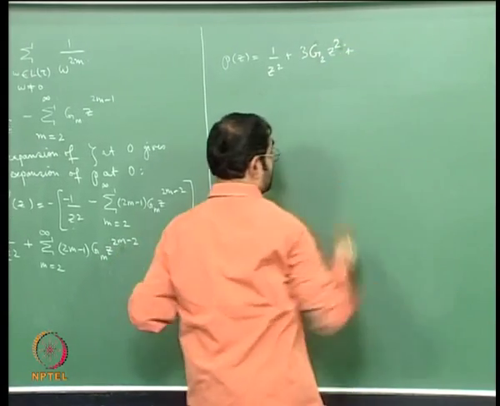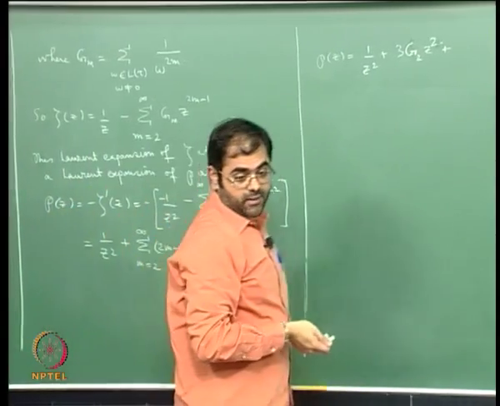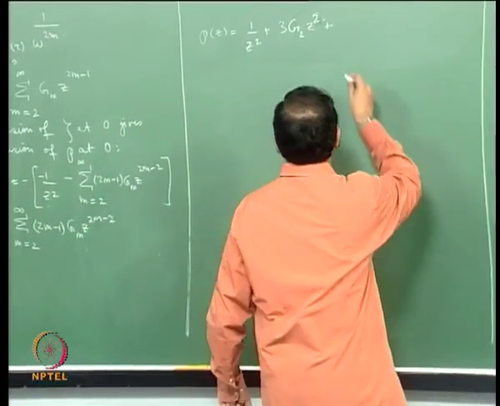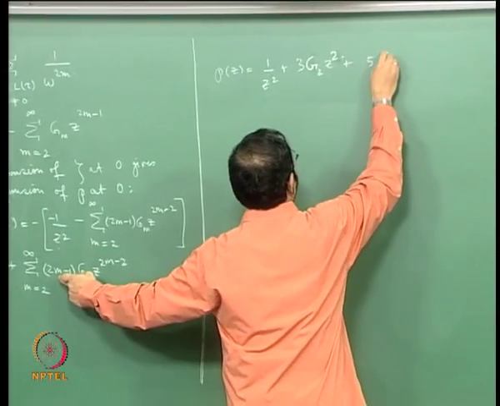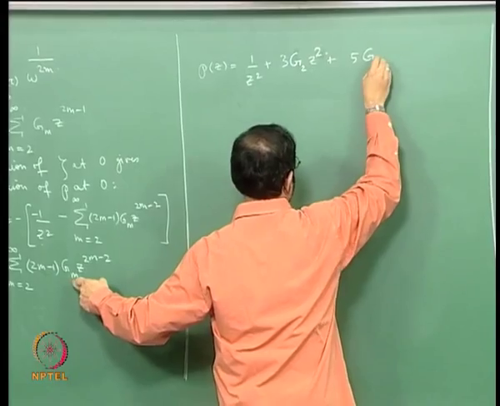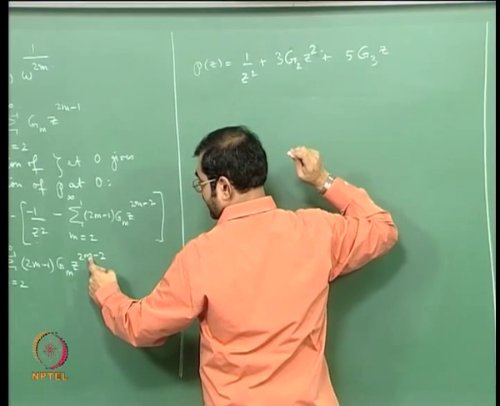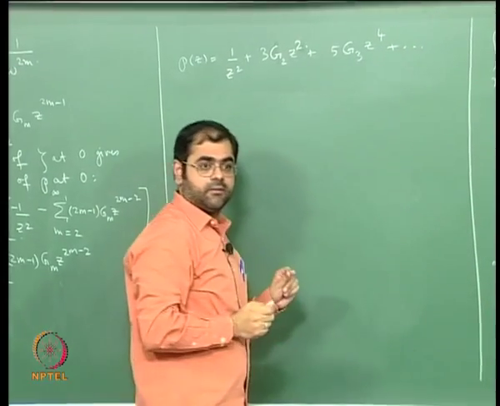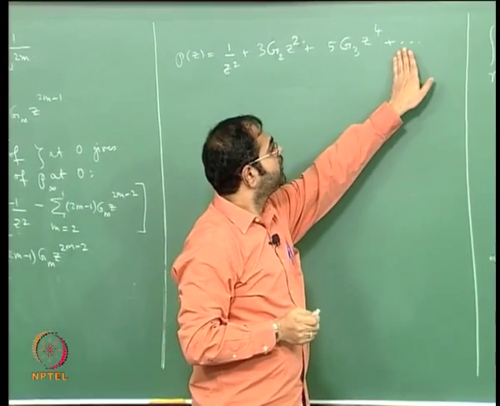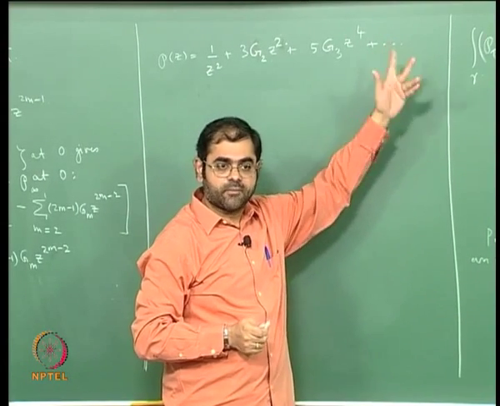Of course I should not get z cube, I should get only even powers of z. So then I will write maybe one more term, the next term is going to be, I put m equal to 3 I will get 5 g3 z power 4 plus other terms, okay. And why I put dot dot dot is because those terms are not going to matter in my calculation, okay.